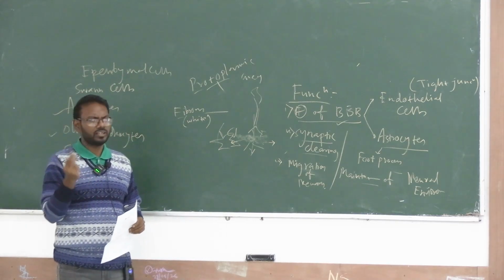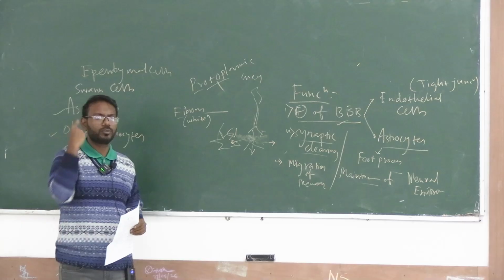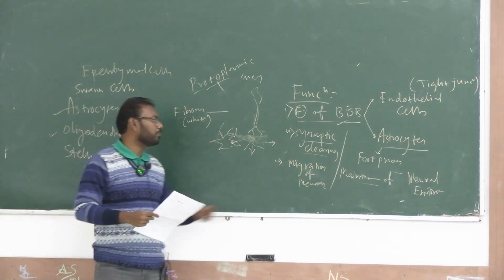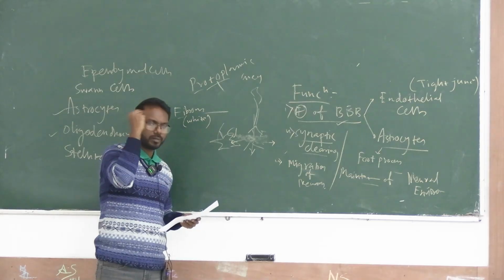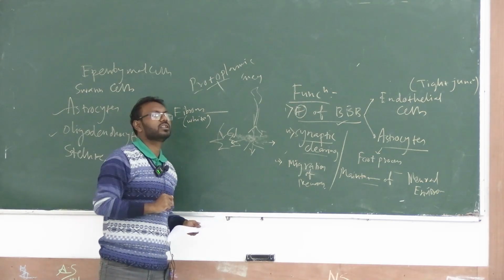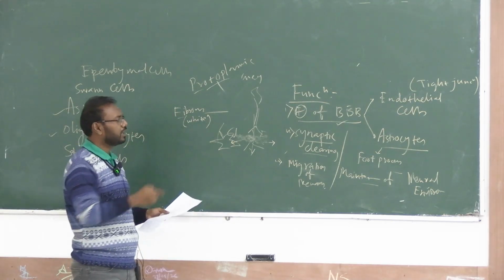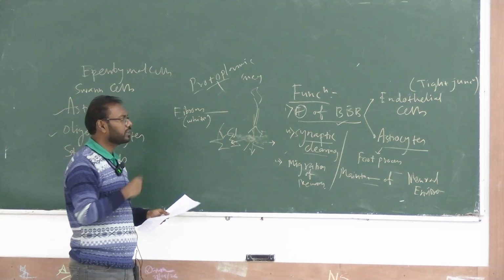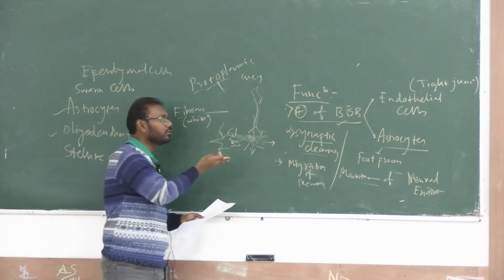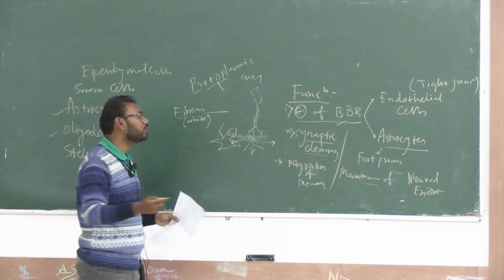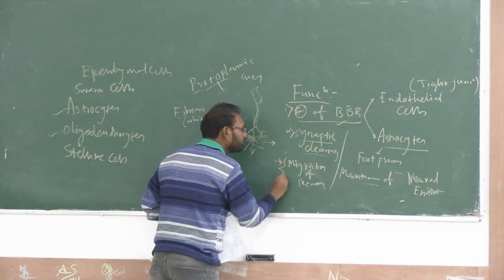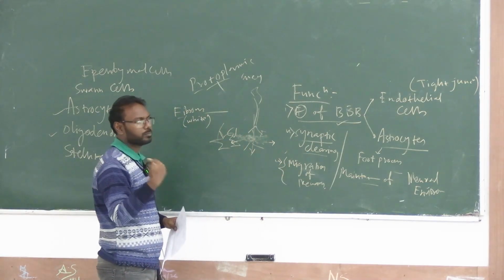Suppose some neuron or some cells are formed elsewhere, but your brain needs that cell. So these neurons need to be migrated from their origin area to the brain. This migration of the cells is done by our astrocytes. Definitely it will not happen in an adult phase like us or a born baby. It will happen in the developmental phase or embryonic stage.